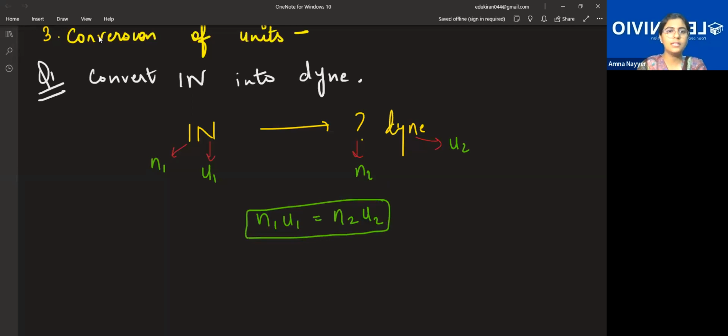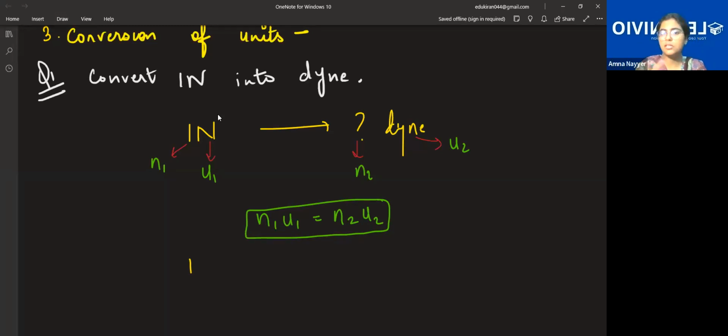How? See, 1 Newton. Newton is the SI unit of force, so what would be the dimensions of Newton? Dimensions of Newton will be the same as that of force.